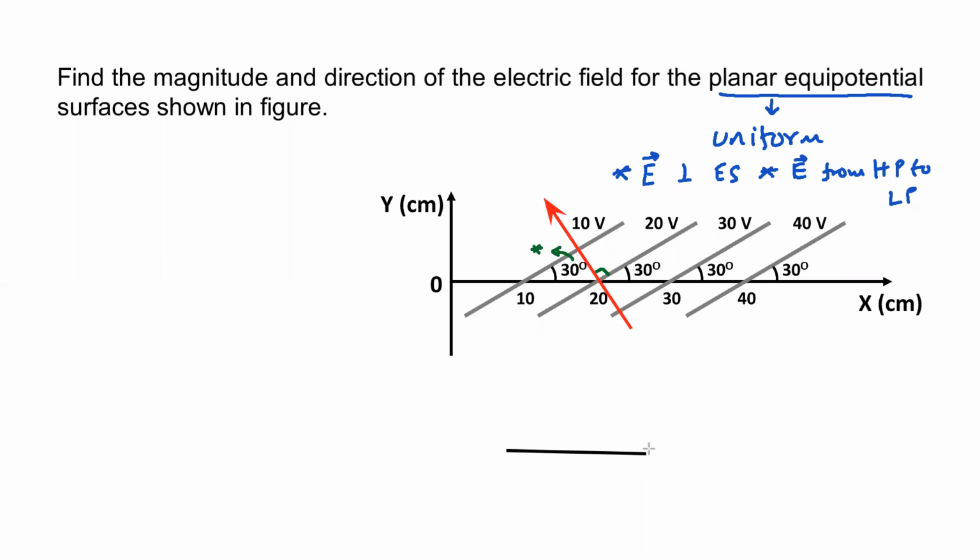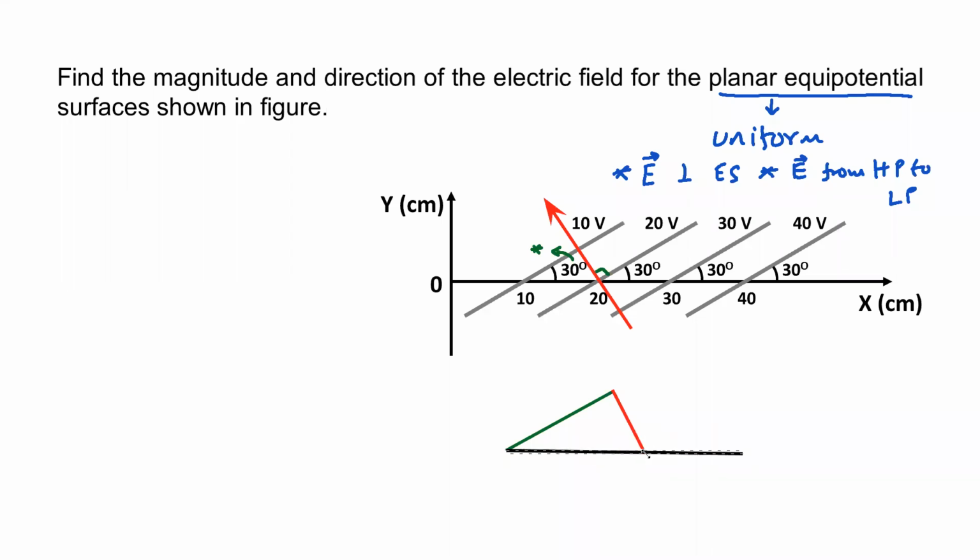This is our equipotential surface right there, and this is our electric field line, direction of electric field line. If I extend that, now what is this angle?